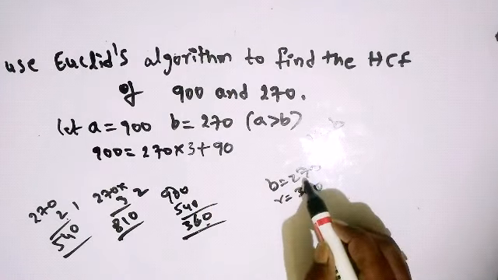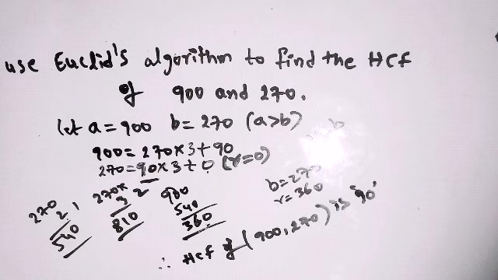If R equals 0, then the divisor at this stage is the HCF. So here R equals 0, and our HCF is the divisor, which is 90. Therefore, the HCF of 900 and 270 is 90. This is the answer. Like this we find the HCF of any two positive integers.